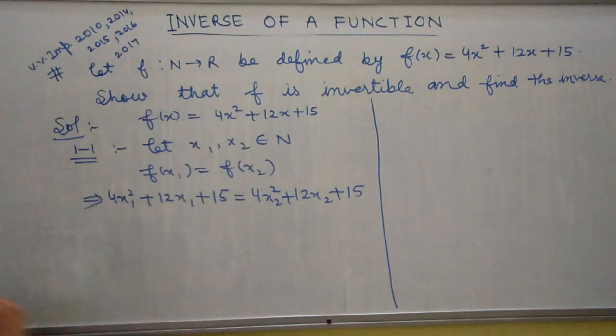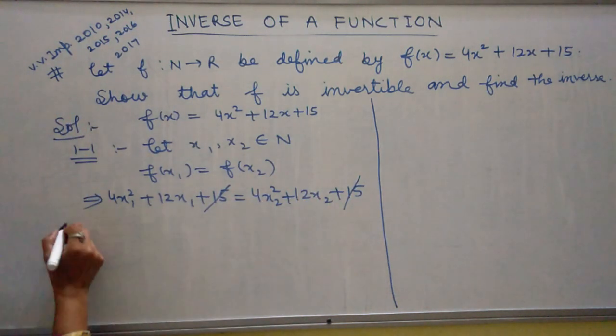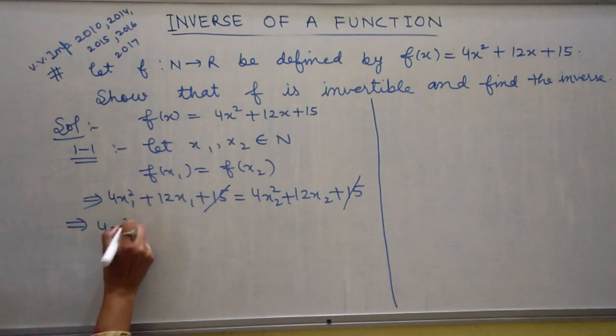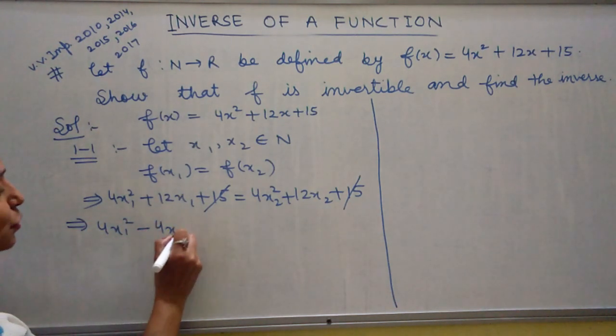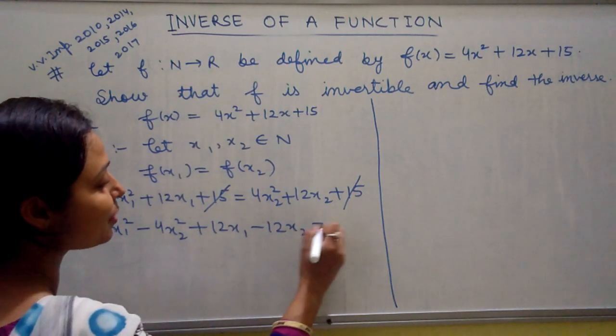Now 15 and 15 cancel. Taking these terms on the left hand side: 4x1 square minus 4x2 square plus 12x1 minus 12x2 equals 0.